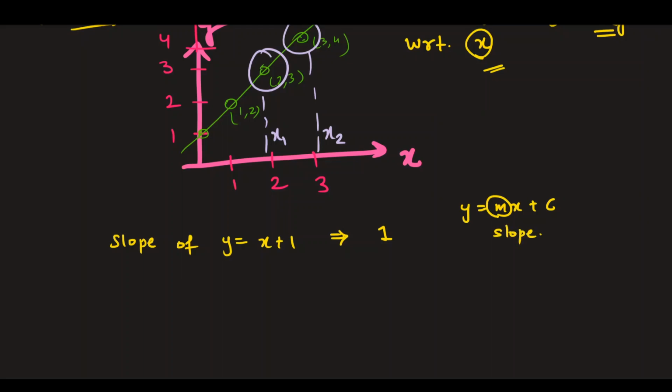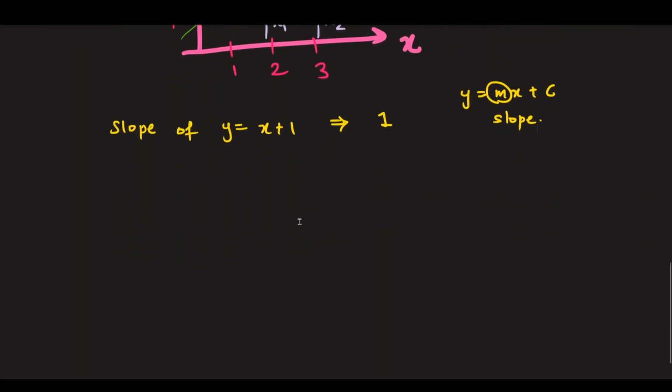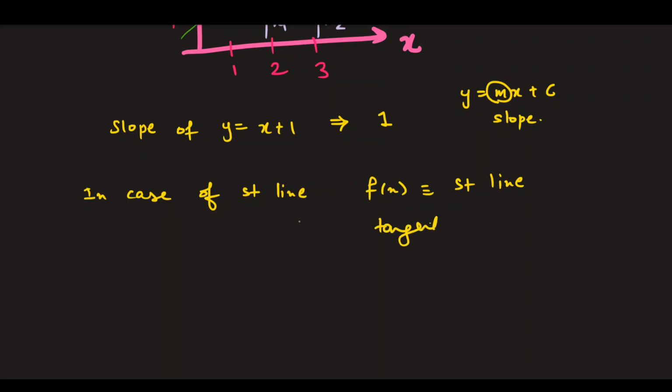Now why are we not taking the tangent line and the straight line separately? In the case of straight lines, that is when f of x is a straight line, the tangent line coincides with the given line.